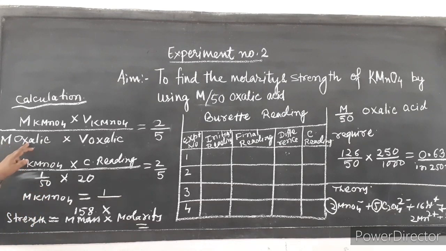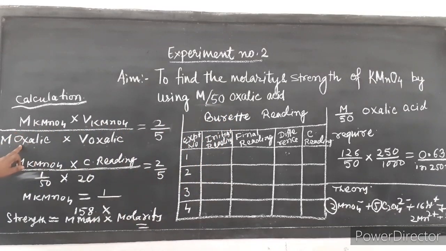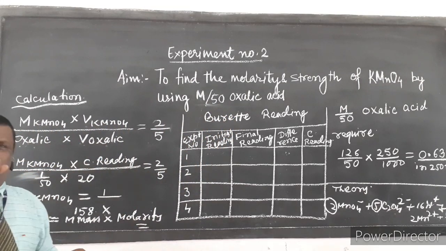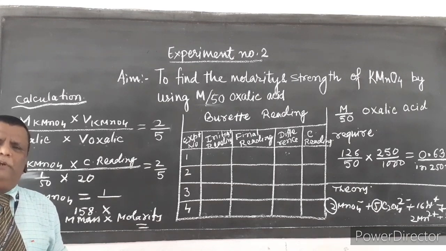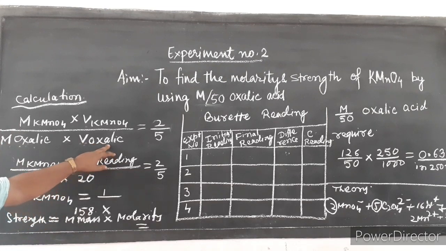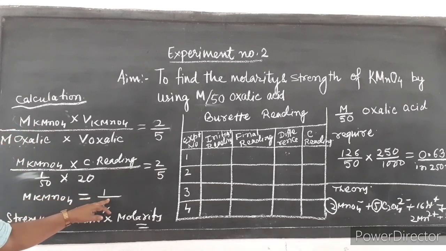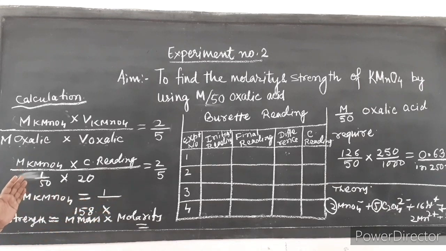M oxalic acid we have M/50, that is 1 by 50, and V oxalic acid is whatever volume we take by the pipette, so 20 ml pipette, V oxalic will be 20. By using this formula, we can find the molarity of the KMnO4. Everything is given except molarity, so molarity is blank. I have not written that molarity. After getting the reading, we write that molarity. And after knowing the molarity, we can find the strength by using this formula.